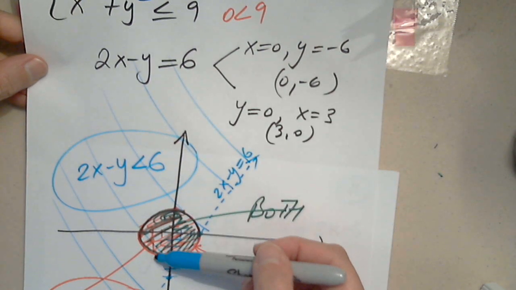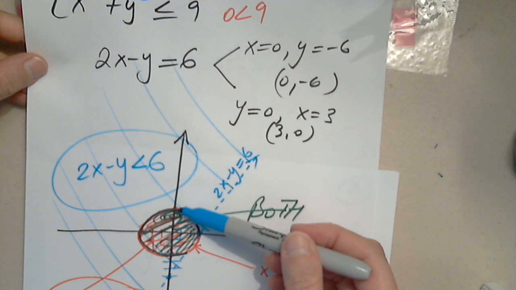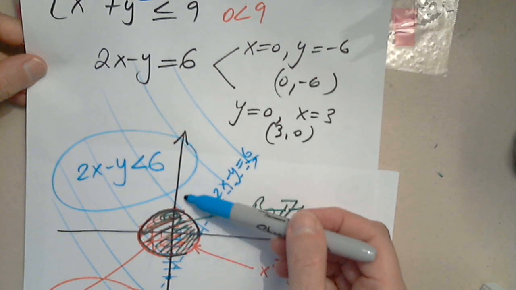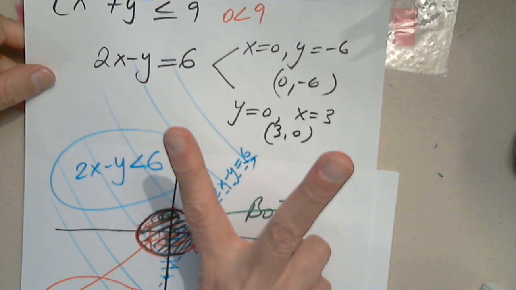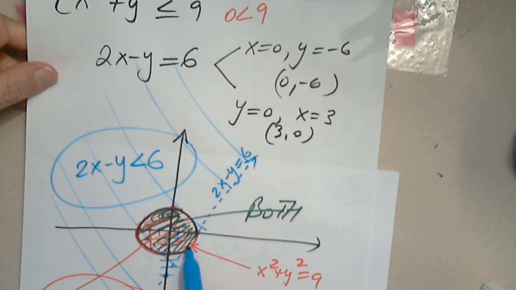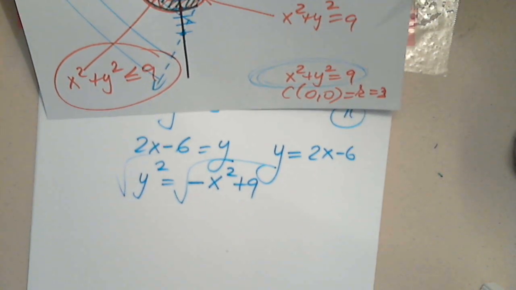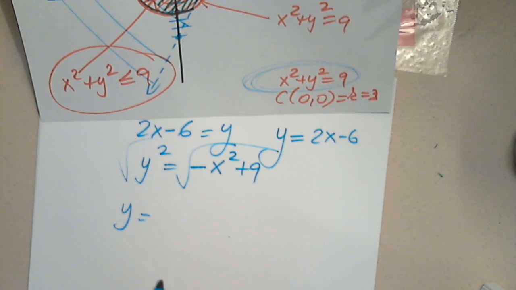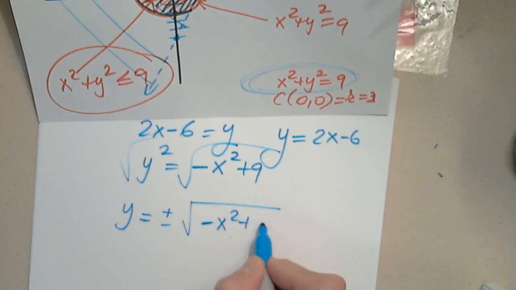By the vertical line test. It's not. It's not. It's two functions. What do you mean? It's this, one function, and it's this, the second function. So when I take the square root, remember, what do I have to put in front when I take the square root? Minus. Yeah, that's why we have two functions.